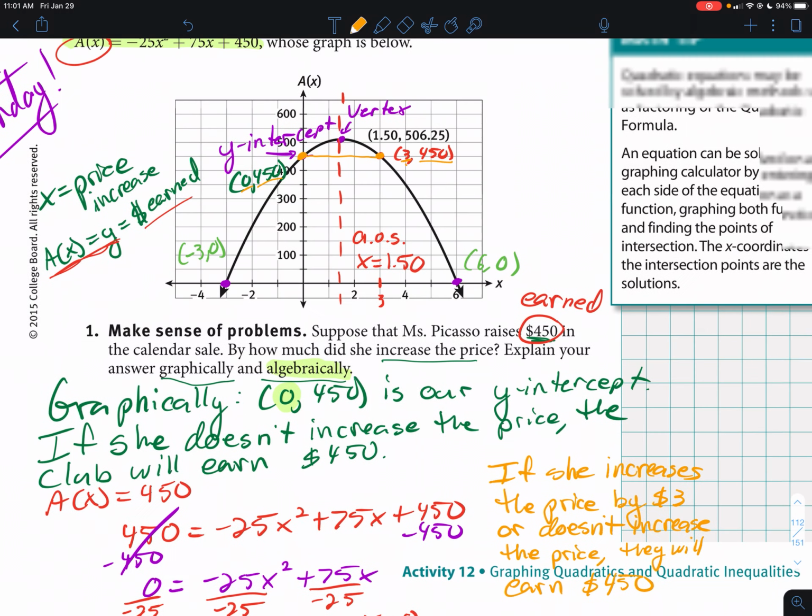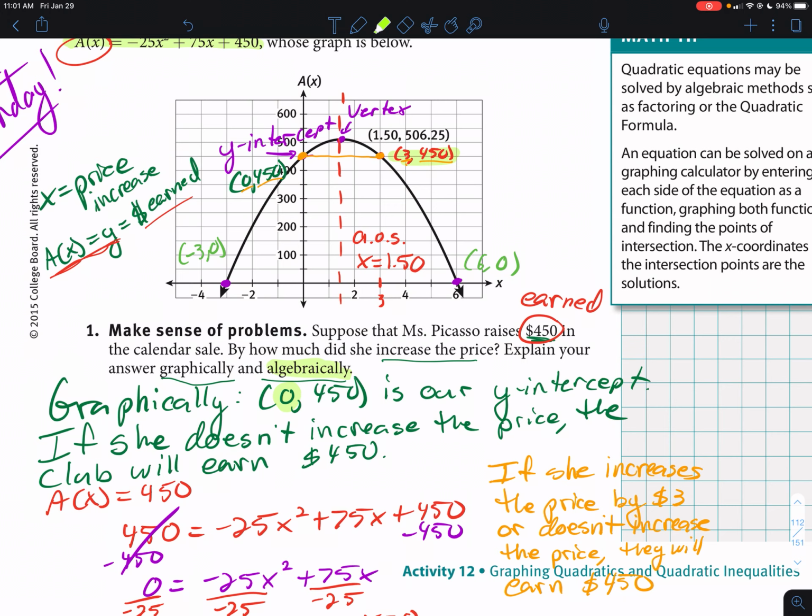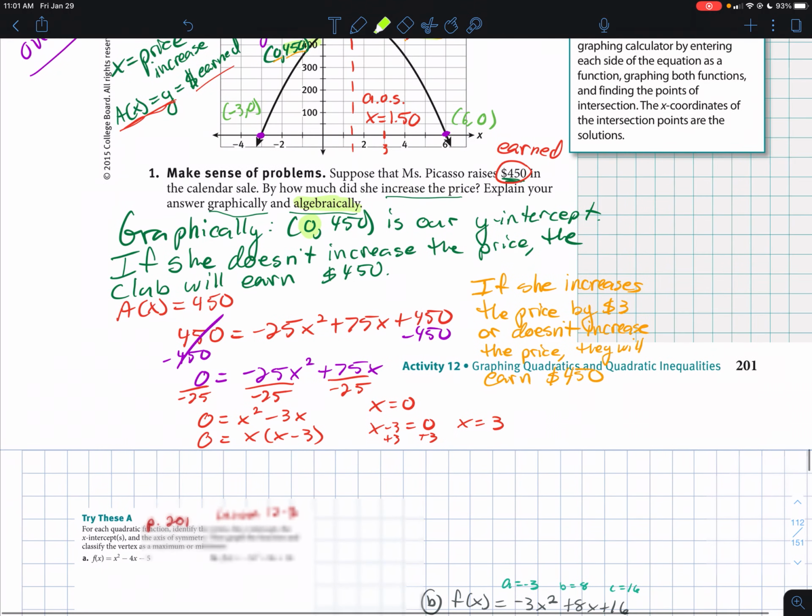And we could have noticed that from the beginning. But most of you probably just would have looked at the y-intercept instead of considering that the point symmetric to it has the same y value. They both have 450 as their y value. So we answered it graphically and we answered it algebraically.